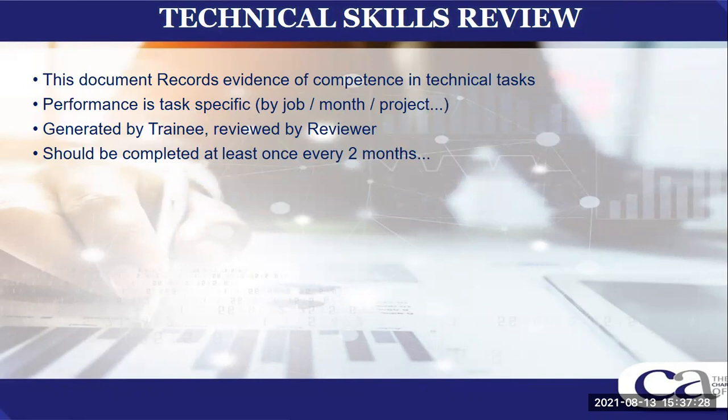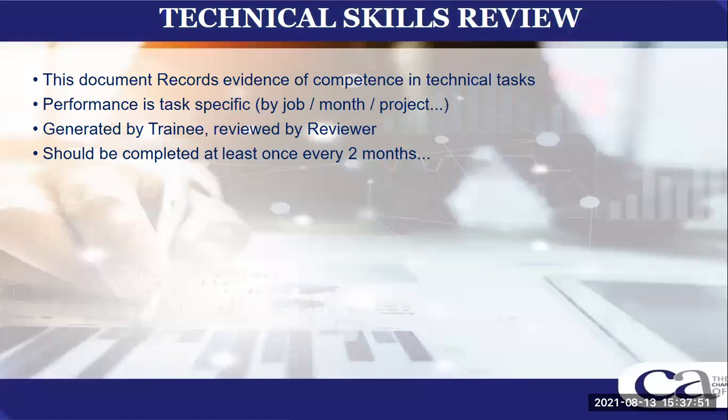So let's talk about the TSR, or the Technical Skills Review. This document basically records evidence of competency in technical tasks. The performance is task specific, that is by job, by month, or by project, and it is generated by the trainee and reviewed by the reviewer.